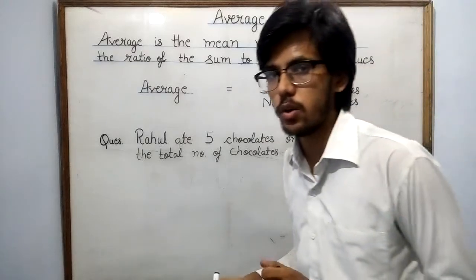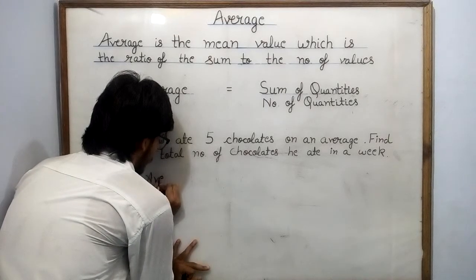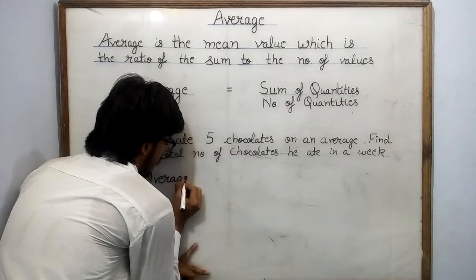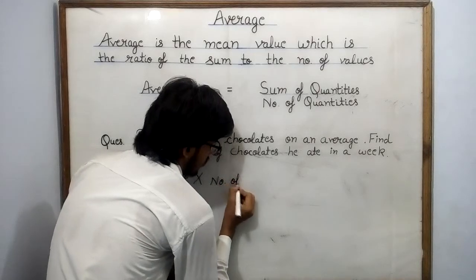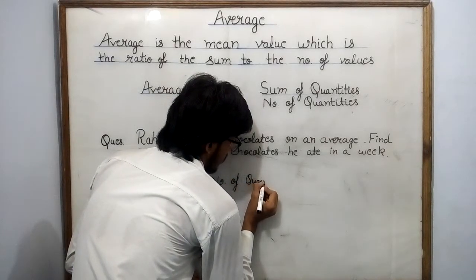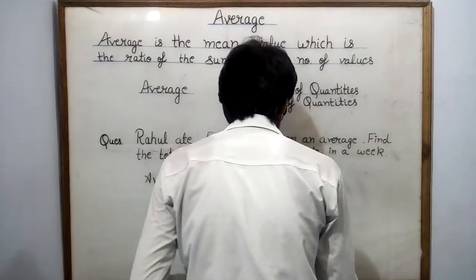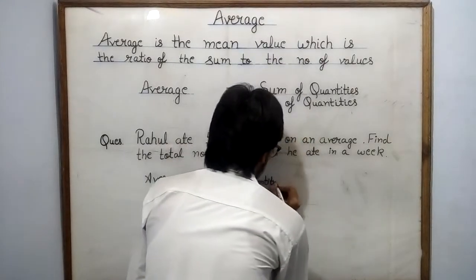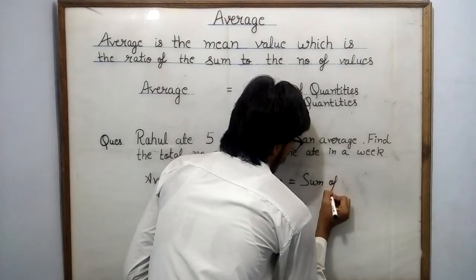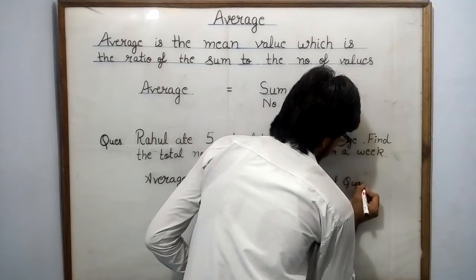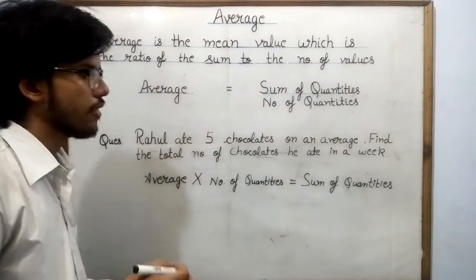So the formula we are going to use is, let's see, average multiplied by number of quantities is equals to sum of quantities. Okay, this is the formula that we are going to use.